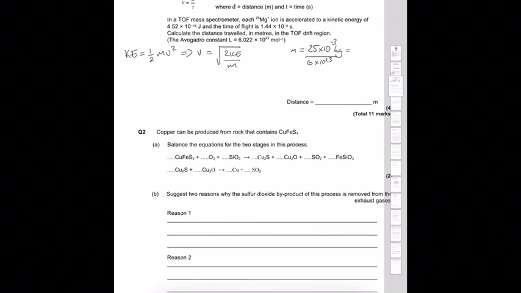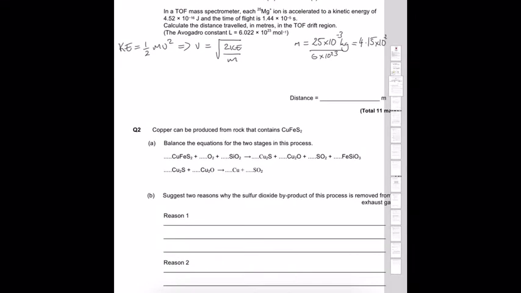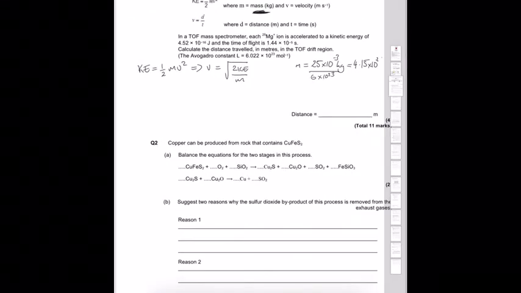So where's the calculator? So that's 4.15 times 10 to the minus 26 kilograms. So we can put that into the equation.